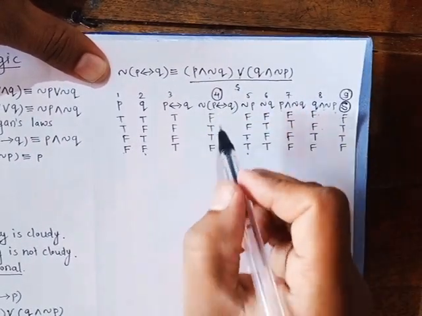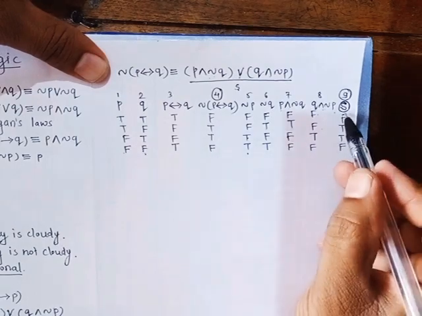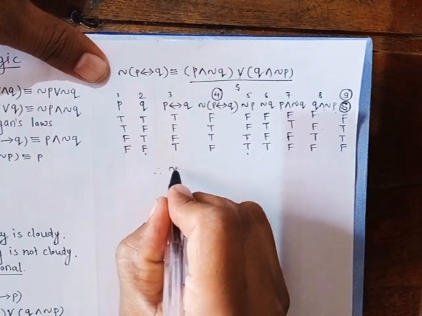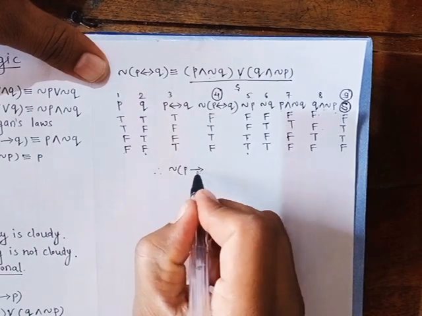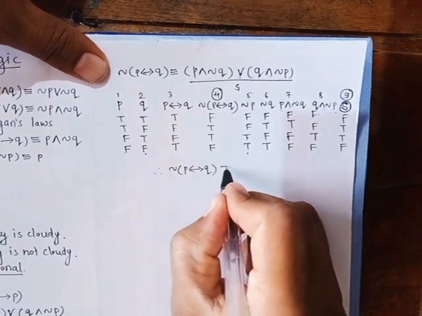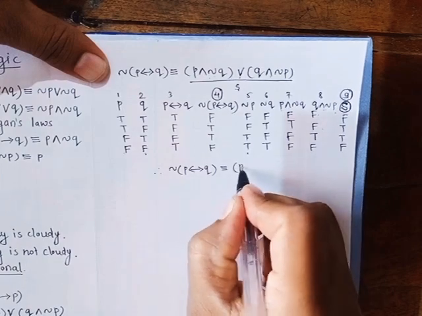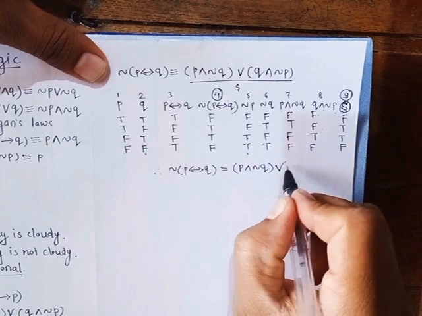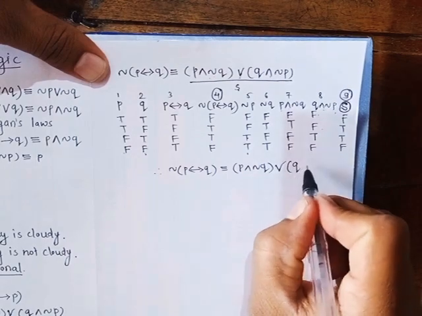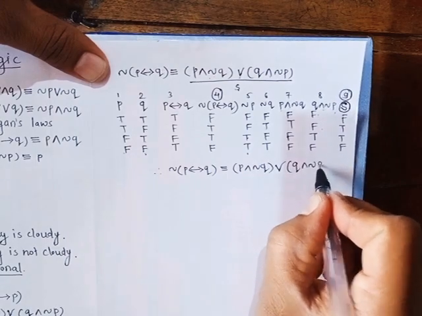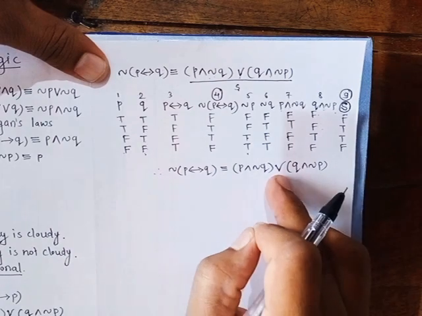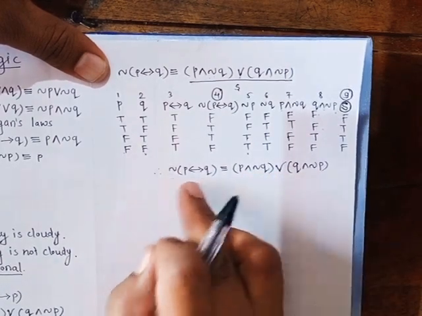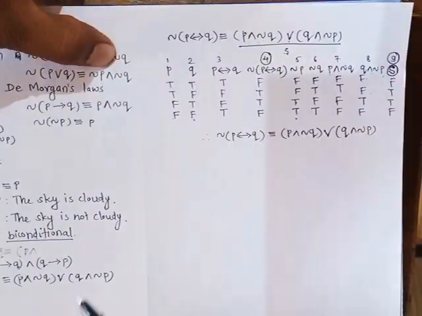You can see the entries in columns 4 and 9 are identical, so therefore we can write negation of P if and only if Q is nothing but the disjunction of P and negation Q, and Q and negation P. That is the negation of double implication.